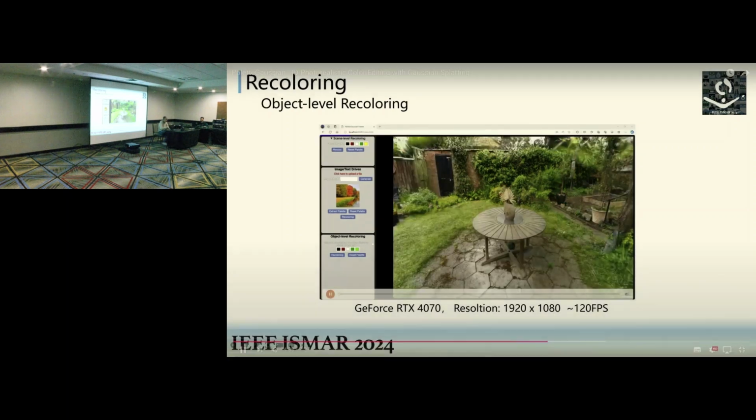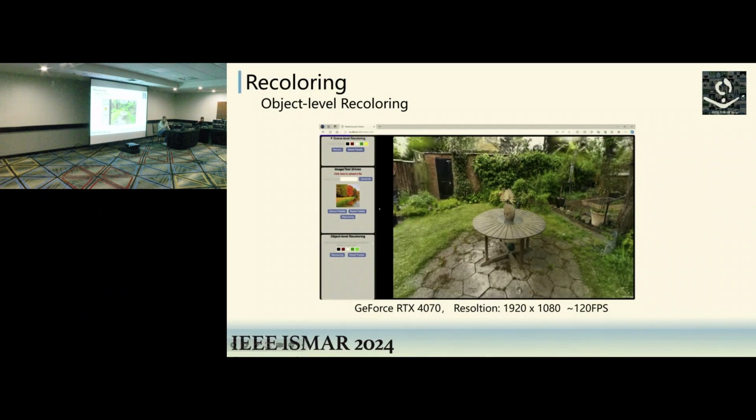The second is object-level recoloring, where the mask of a specific object is obtained through a click operation, and modifying the palette colors will apply recoloring to that object only.